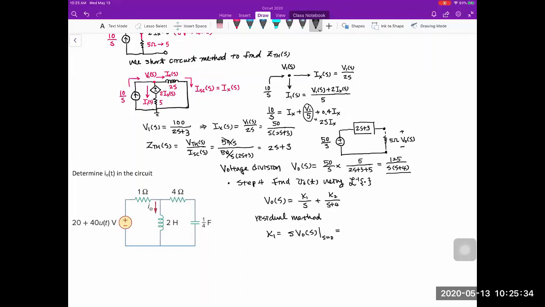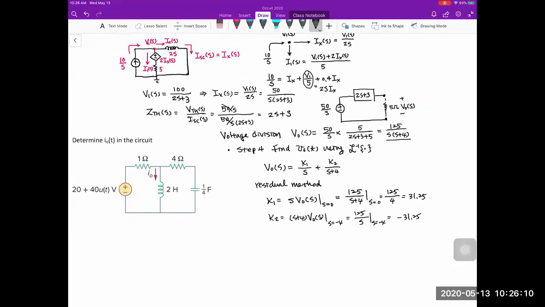So S multiplied with my V sub S will give me the 125 over S plus 4, and with S equal to 0, I got 125 divided by 4, that is 31.25. For K2, you use S plus 4 times V naught S at S equal to minus 4, and that would be 125 divided by S at S equal to minus 4, that gives you negative 31.25.